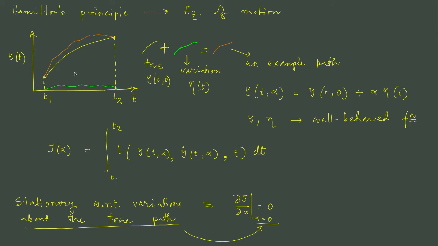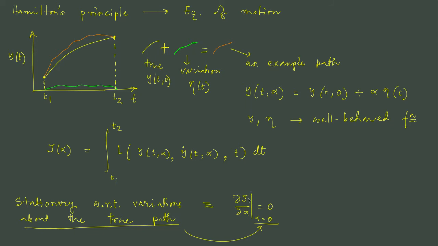Now if J has to be stationary with respect to variations, after all we can get the variation by using alpha. Remember, when we set alpha to be 0, then we get back the true path. So first order changes, in the sense that tiny changes, just like the extremum discussion we had before.